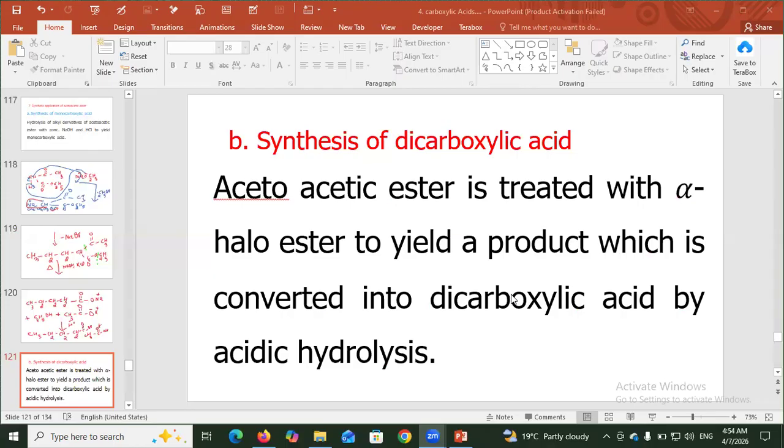Synthesis of dicarboxylic acid. Acetoacetic ester is treated with an alpha haloester to yield a product which is converted into dicarboxylic acid by acidic hydrolysis.